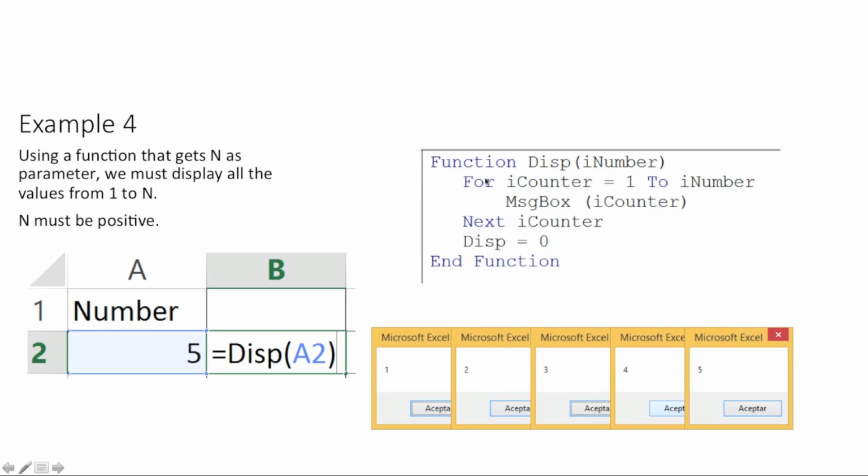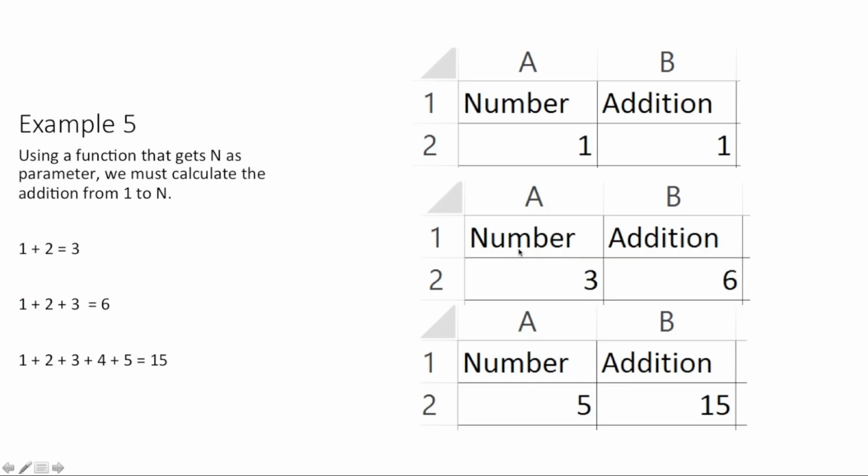I counter is the variable that goes from 1 to I number, and that is the variable we want to display every time. So it's going to display from 1 to 5 in this case, and we have to return 0 as the return value. So we have to assign 0 to our function name disp.